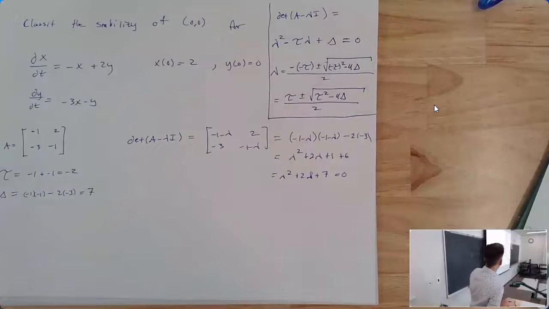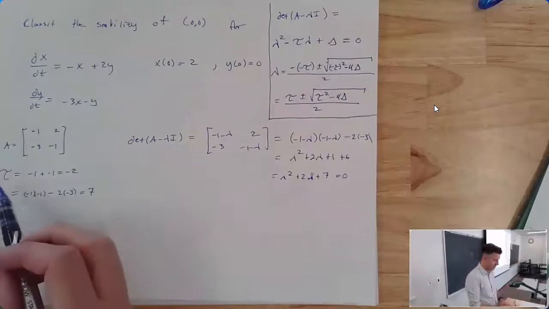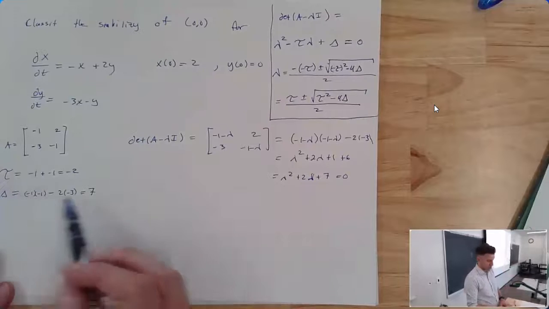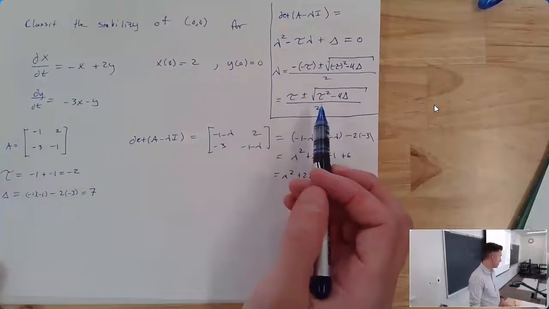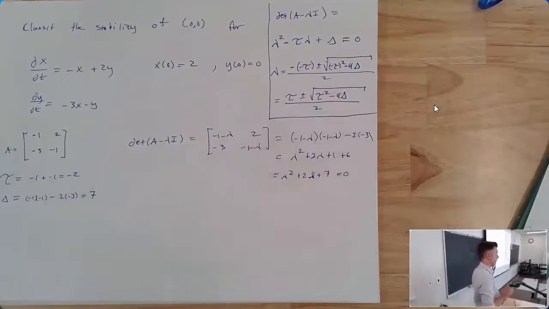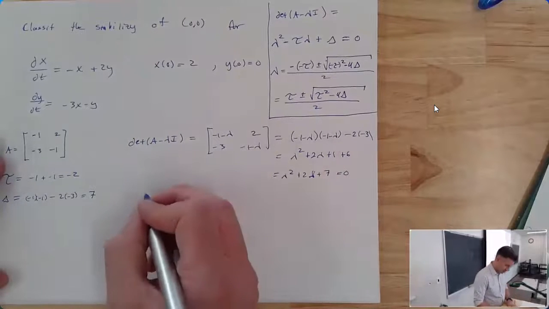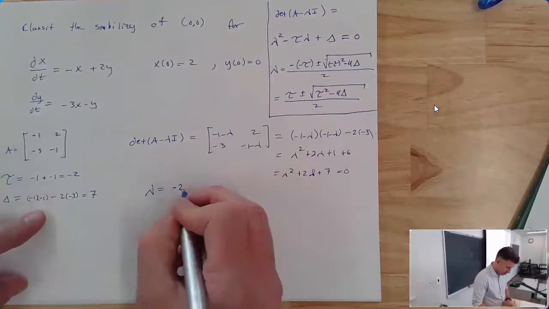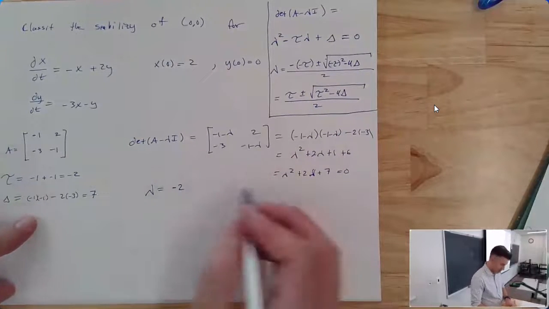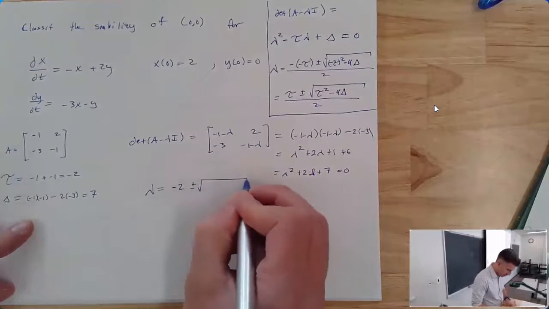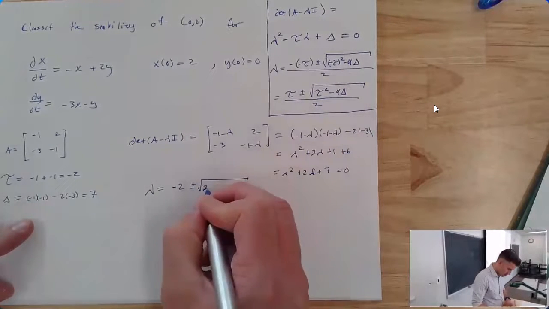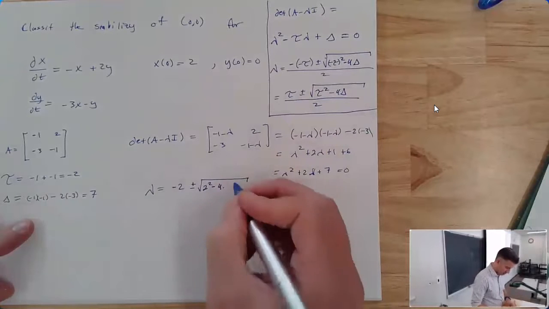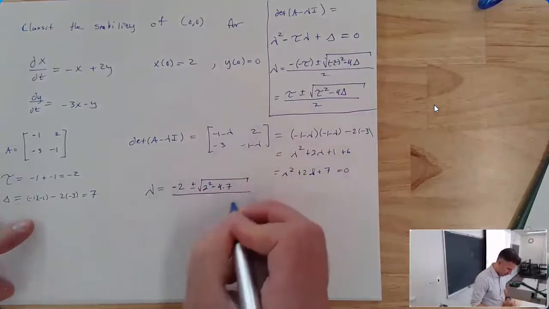What's nice is you can jump straight from seeing the trace and determinant to what the eigenvalues are going to be. You don't have to write out the quadratic, but you can. So here, our eigenvalues equal the trace, which is negative 2, plus or minus the square root of the trace squared minus 4 times the determinant, all over 2.